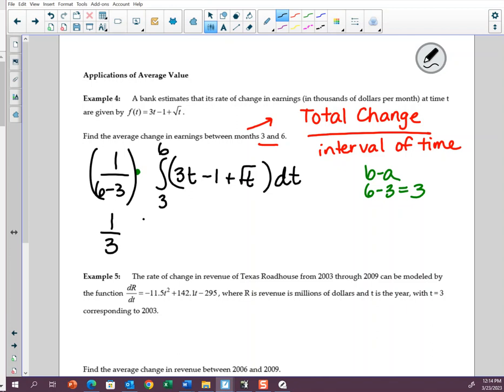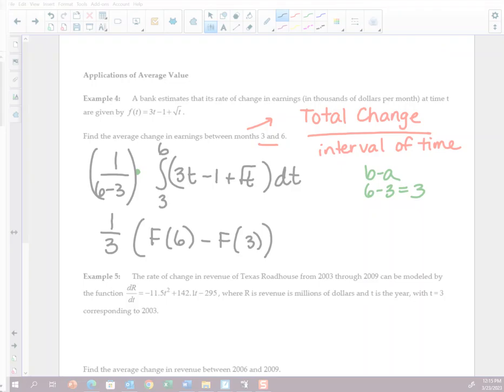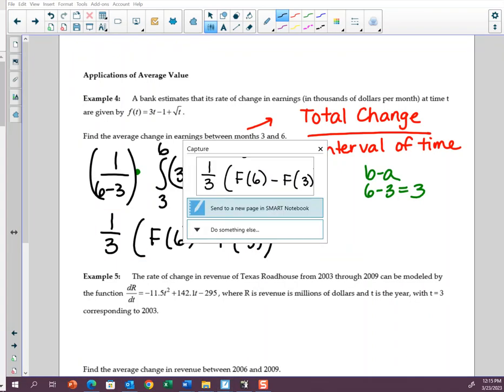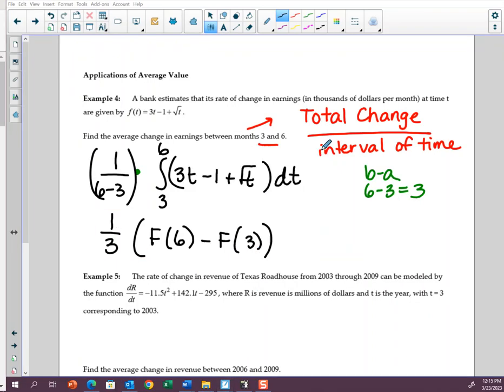So we're going to end up with 1 over 3 times big F of 6 minus big F of 3. Nothing different about how we're approaching the problem, but a definite difference on sort of maybe understanding what exactly we're calculating.